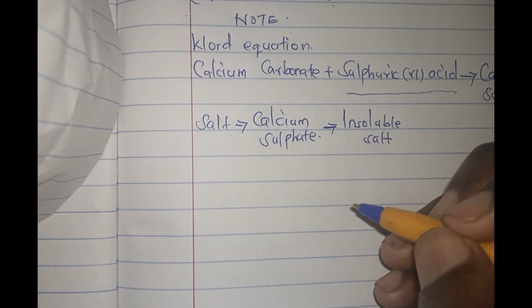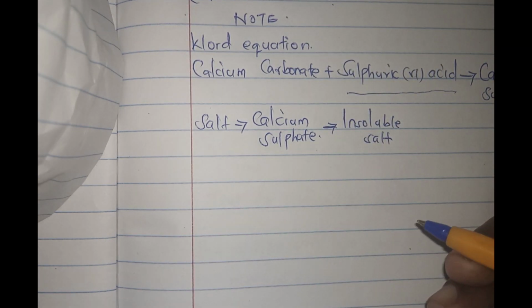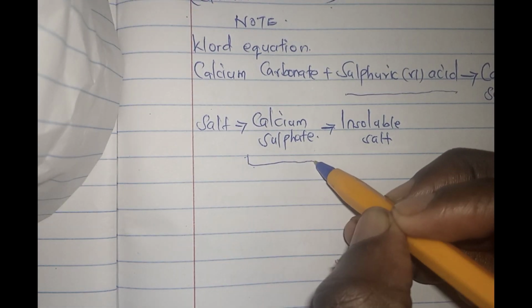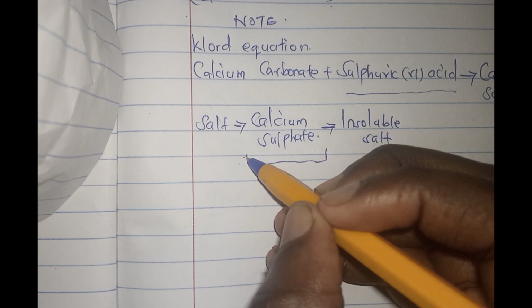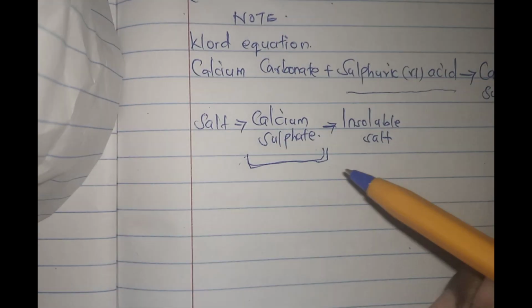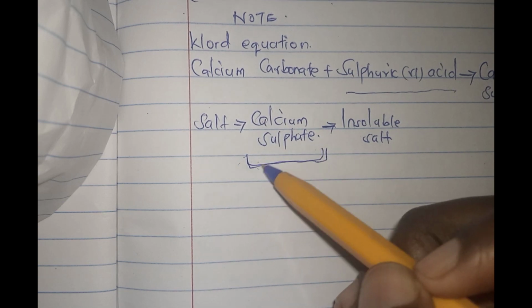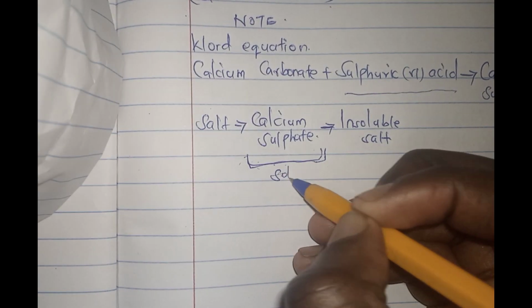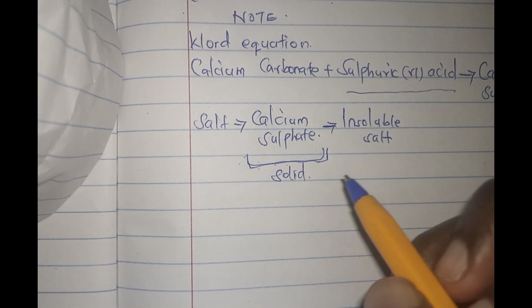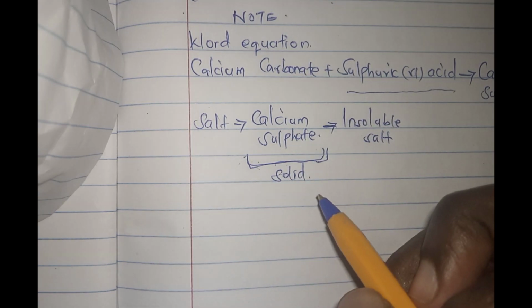The reaction stops after a short while due to the formation of an insoluble layer of calcium sulfate. Calcium sulfate stops the reaction because it is insoluble. It becomes a solid and the reaction does not go further because it's a solid substance that is formed.